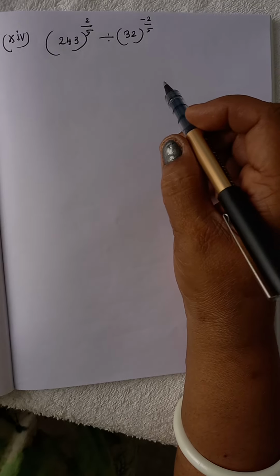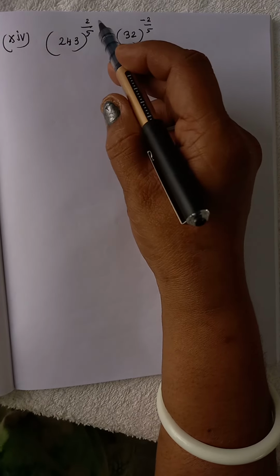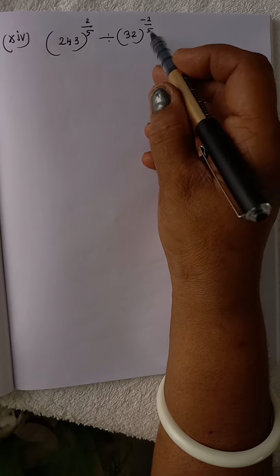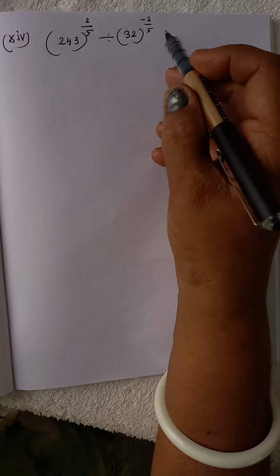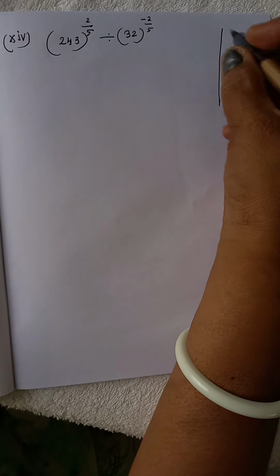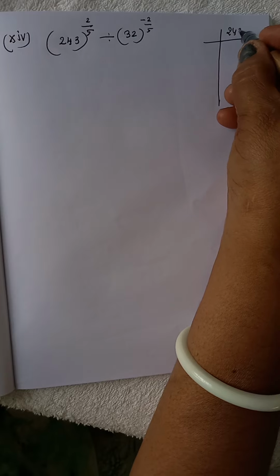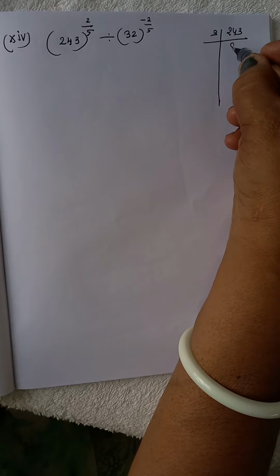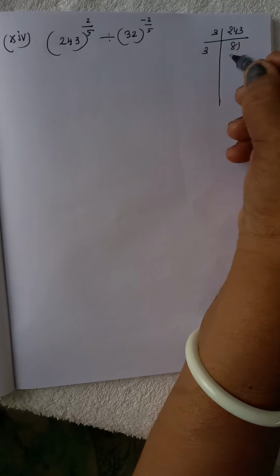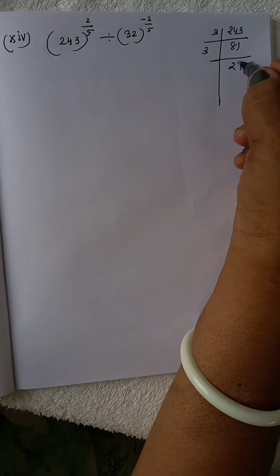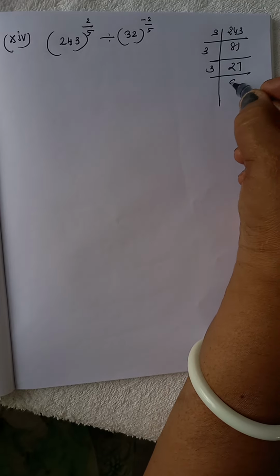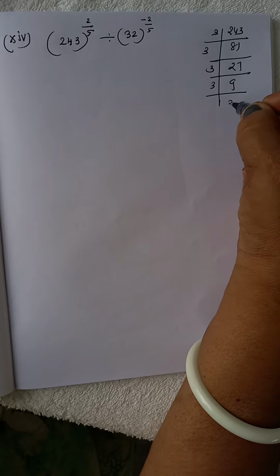Now the 14th question is 243 raised to 2/5 divided by 32 raised to minus 2/5. So 243 we can factorize: 243 with 3, 81 with 3, 27 with 3, 9 again with 3, 3.